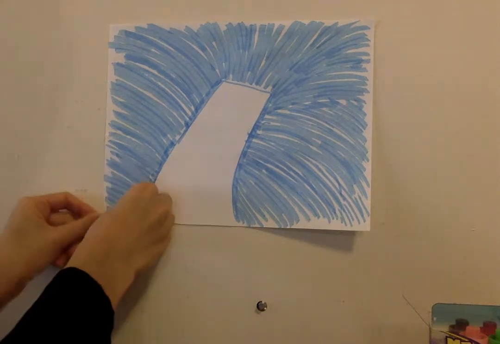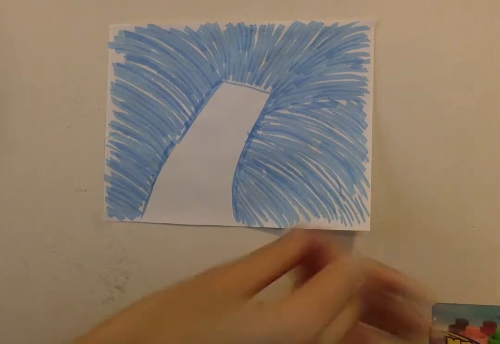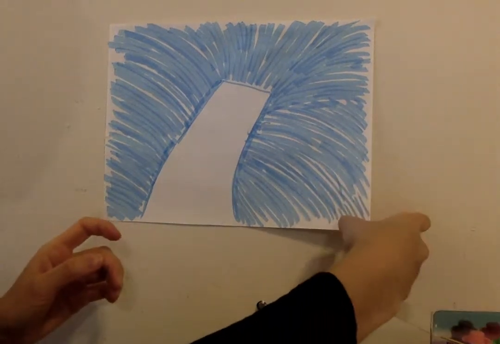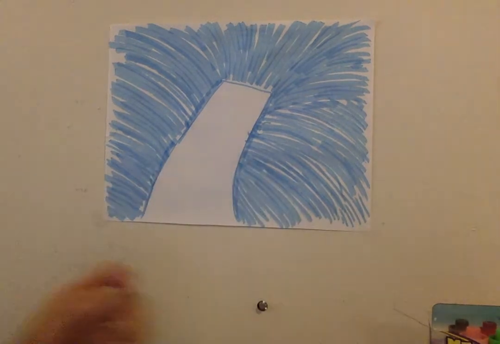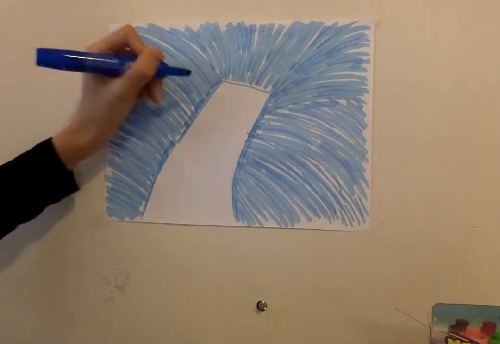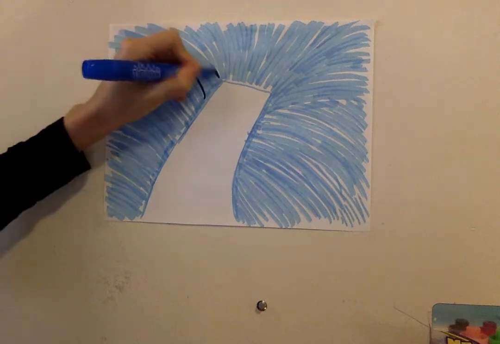I'm just taping this down so we can get it nice and flat. Definitely different shades of blue, and definitely other shades as well, sorry. Okay, so I've got my blue. I'm going to go in with a couple lines.